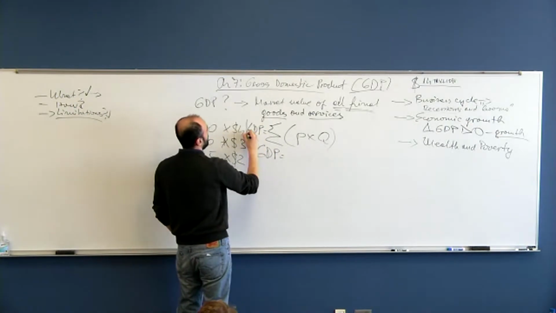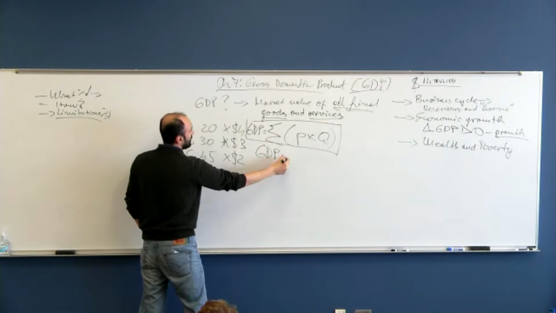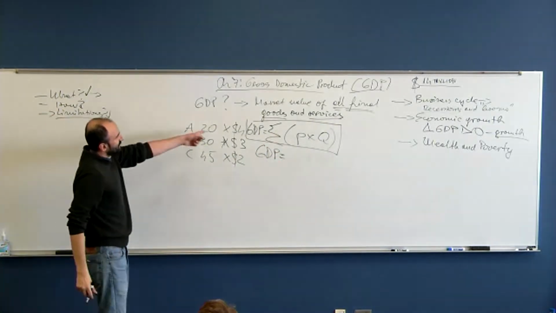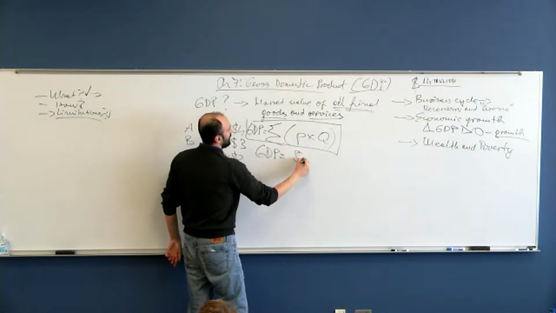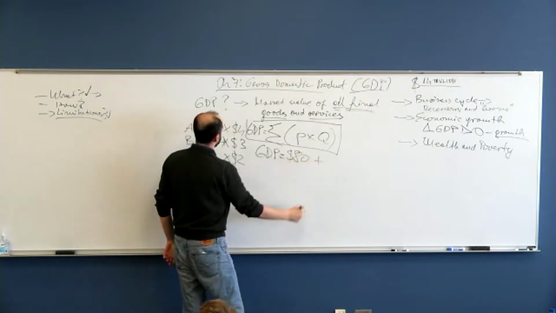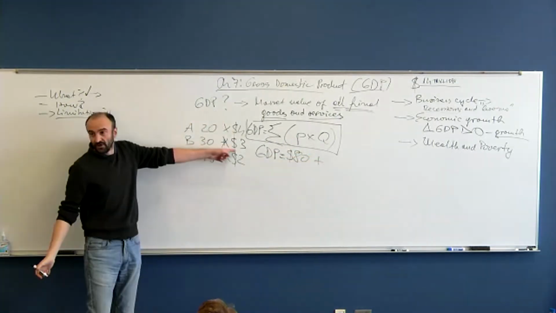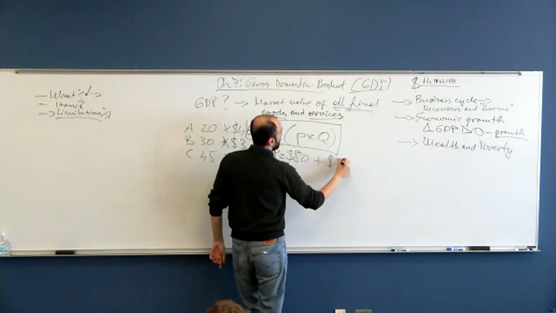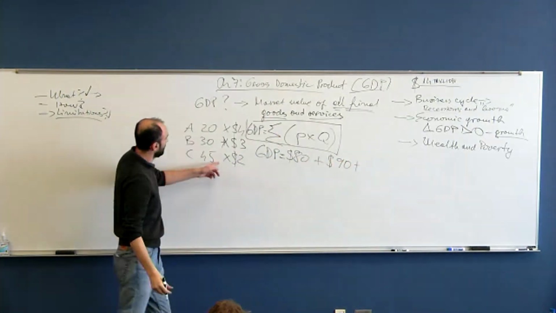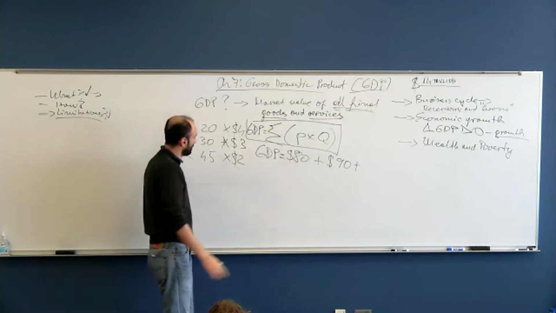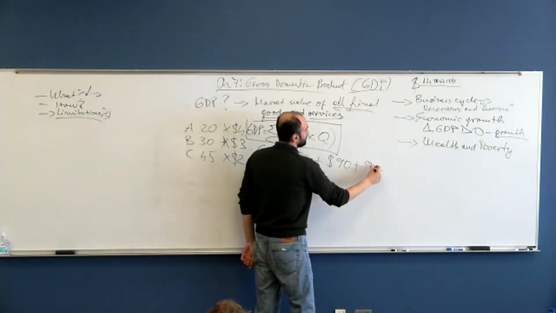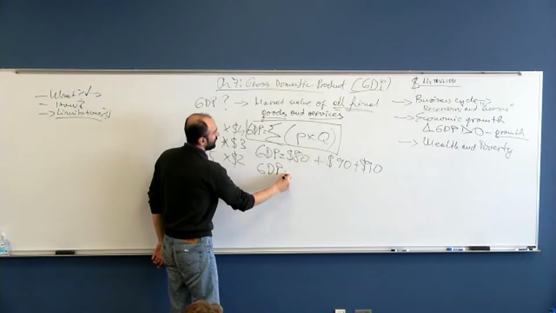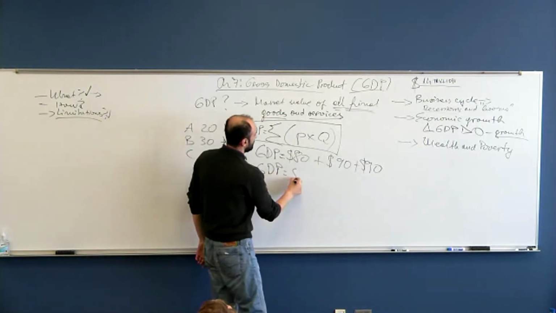GDP equals, this is the formula, and in our particular case it would be 20 times 4 equals $80, plus 30 times 3, 90, plus 45 times 2, 90. So your GDP here would be $260.